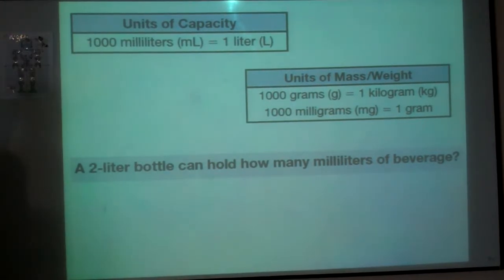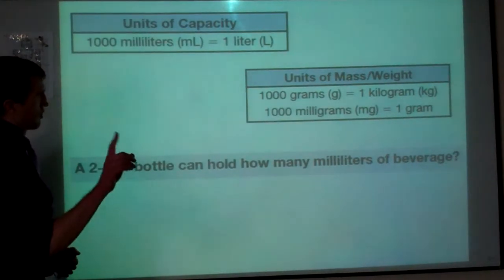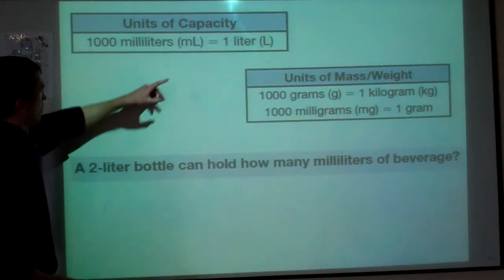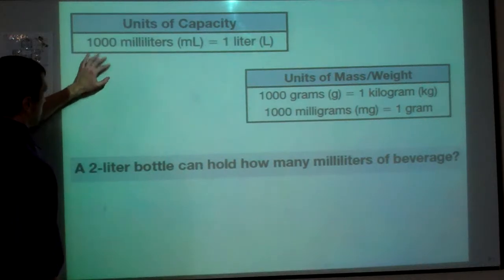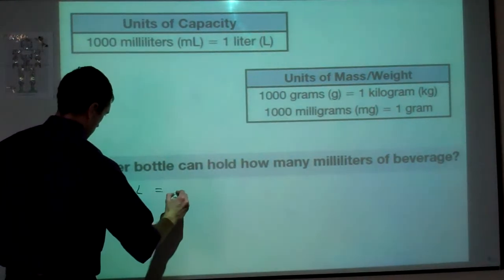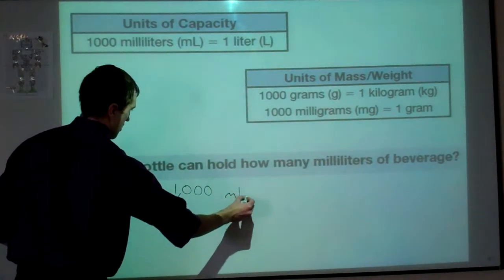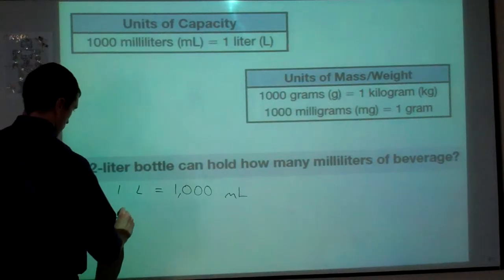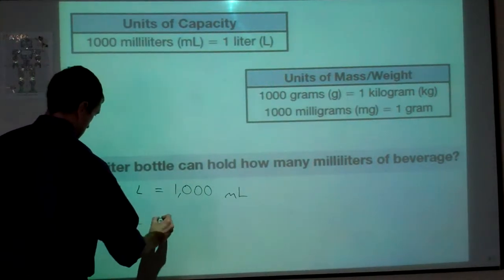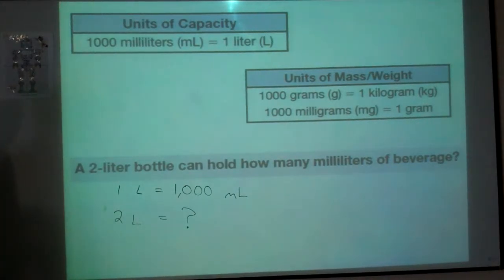Alright. So if we look at this one here, a 2-liter bottle can hold how many milliliters of beverage? Well, let's figure out what 1 liter is first. It says 1 liter is equal to 1,000 milliliters. And here we have 2 liters. And that equals how many milliliters?